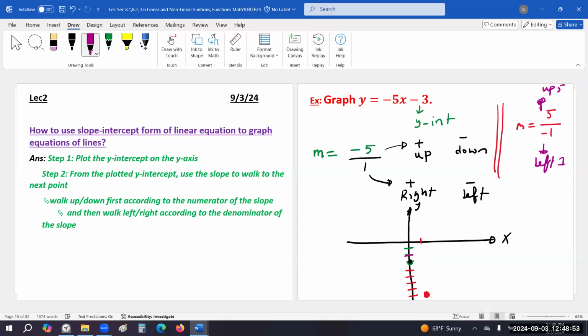So up 1, up 2, up 3, up 4, up 5 here. And my left one is here. So up 5, left 1. And then connect all these points with a straight line. That's it. This is the line for that equation.